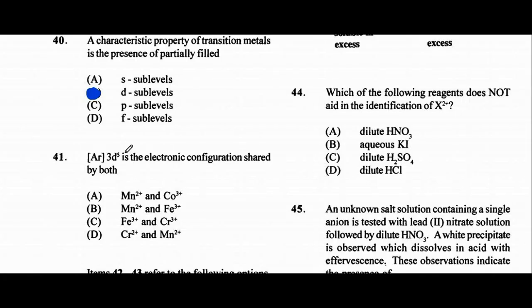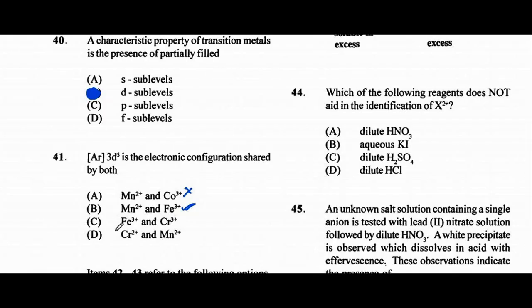Manganese is 25 minus 2 because you have a plus 2 charge. That is indeed 23, but cobalt, 27 minus 3 is 24, so that's not it. Iron, 26 minus 3 because that's 3 plus, does have 23.